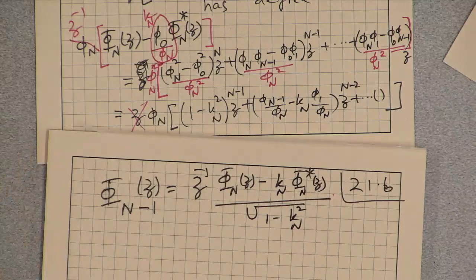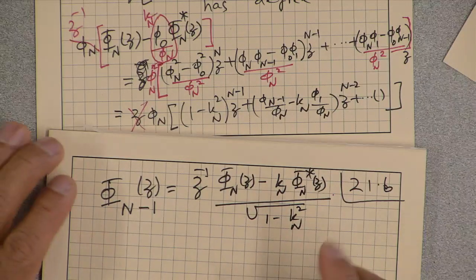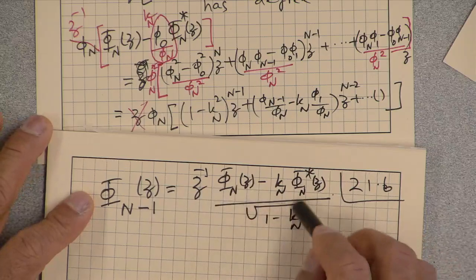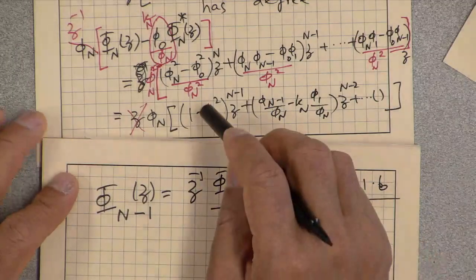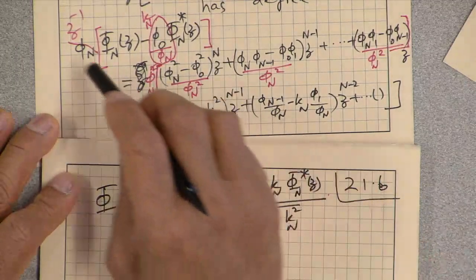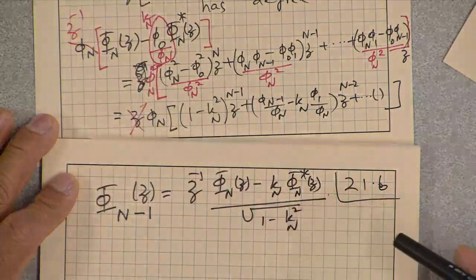For the psi polynomial, everything is the same except that the square root goes away in the denominator, so this 1 minus Kn squared quantity is divided on both sides.